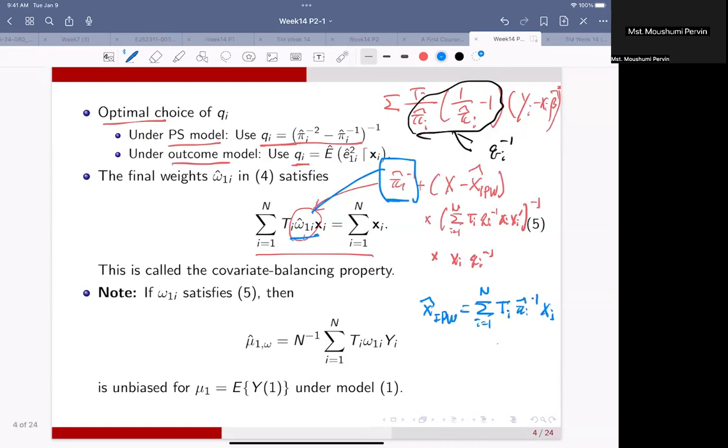So that means you have a cancellation. If you apply the summation of Ti xi, then this term and this term cancel. So at the end of the day, you will get this. That is the feature of regression weighting.